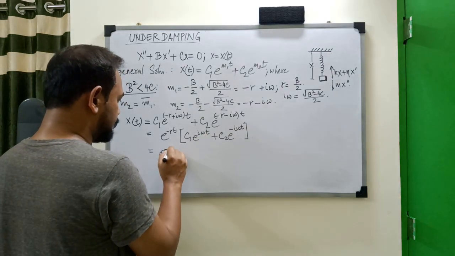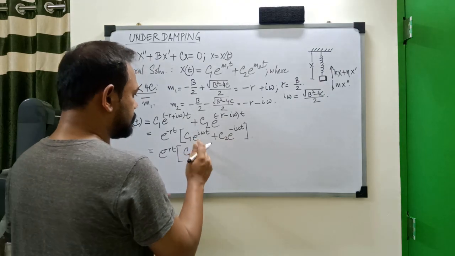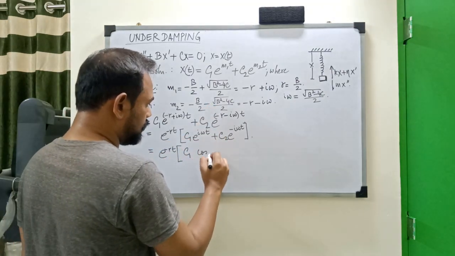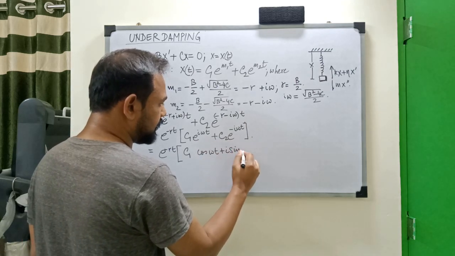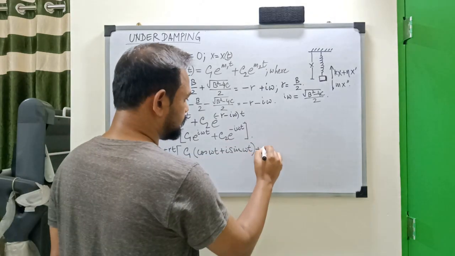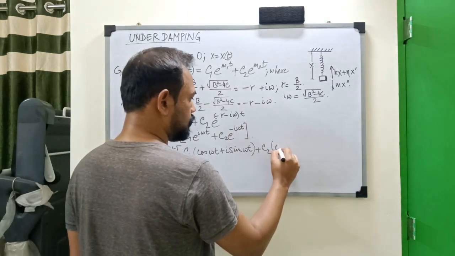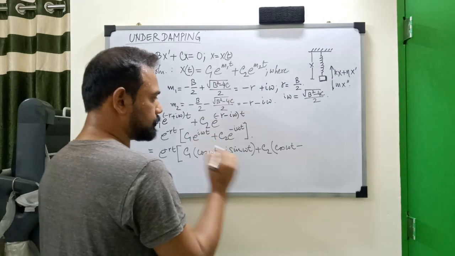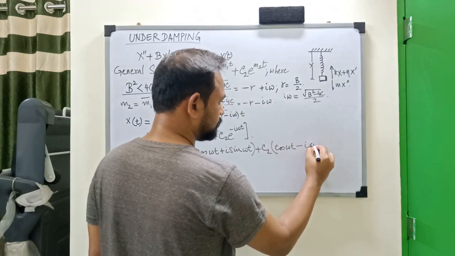As all of you would recollect, e to the power i omega t will be cosine omega t plus i sine omega t, and then the second constant will multiply e to the power minus i omega t. So you will have cosine omega t, and a minus for this minus i sine omega t.